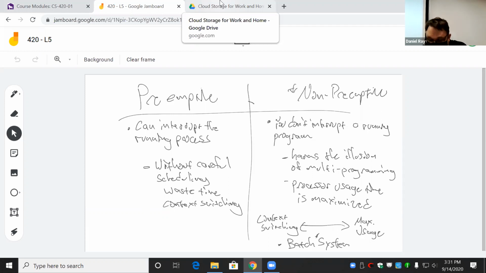We're going to see a bunch of different scheduling algorithms today. Only one of them is going to be preemptive. The first couple that we look at are going to be non-preemptive, and then there are going to be a lot more preemptive type scheduling algorithms later on in this chapter. That's next week.